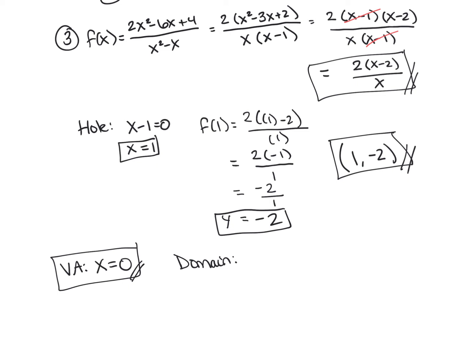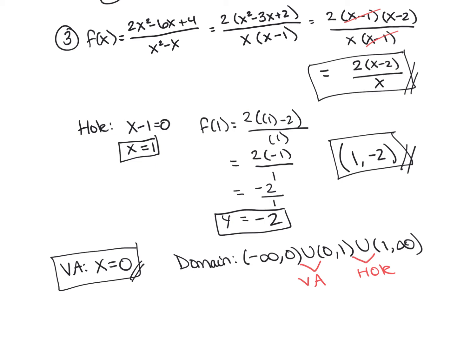So now when I do my domain, we'll go from -infinity to 0, and then 0 to 1, and 1 to infinity. So that first break in the domain is from our vertical asymptote. That's the first discontinuity. And the second one comes from our hole. So you're always going to have breaks in the domain or range if it's an asymptote or if it's a hole.